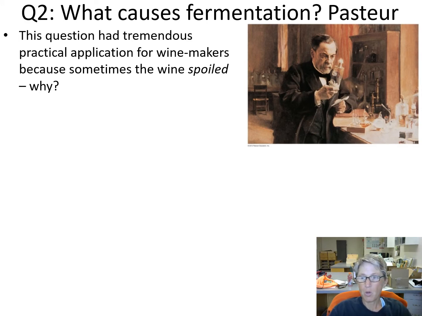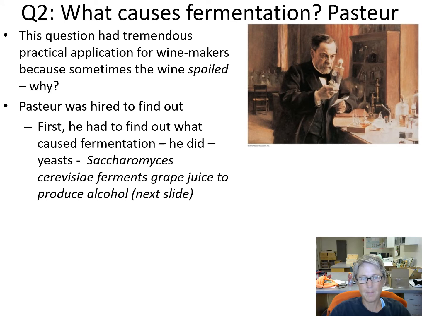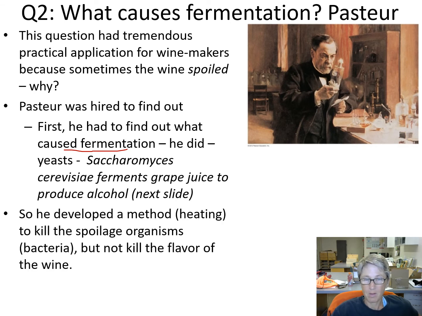Sometimes the wine spoiled. Why did it spoil? First, Pasteur had to find out what caused fermentation, and he did. He found out that the yeast, Saccharomyces cerevisiae, will ferment the grape juice to make alcohol. And we'll look at the picture of that in a sec.